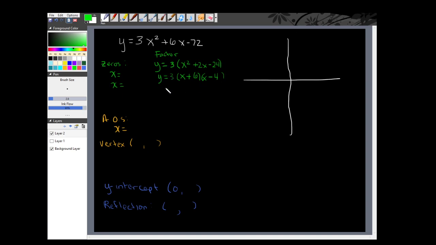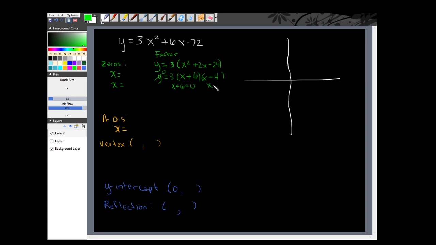So this portion here, now we've factored it. What we need to do is use the zero product property to find the zeros. What that property says is if this expression is equal to 0, so if y here was 0, then one or both of the things being multiplied must equal 0. So that allows me to take these two sets of parentheses and set each of them equal to 0.